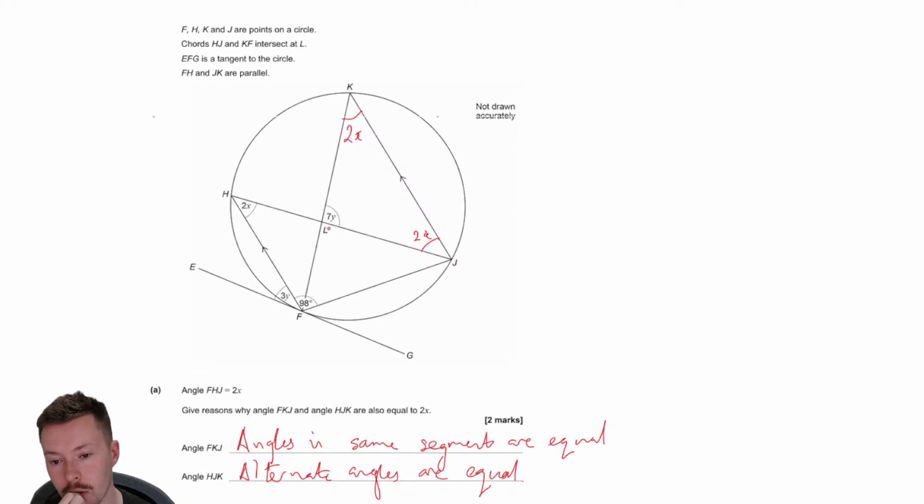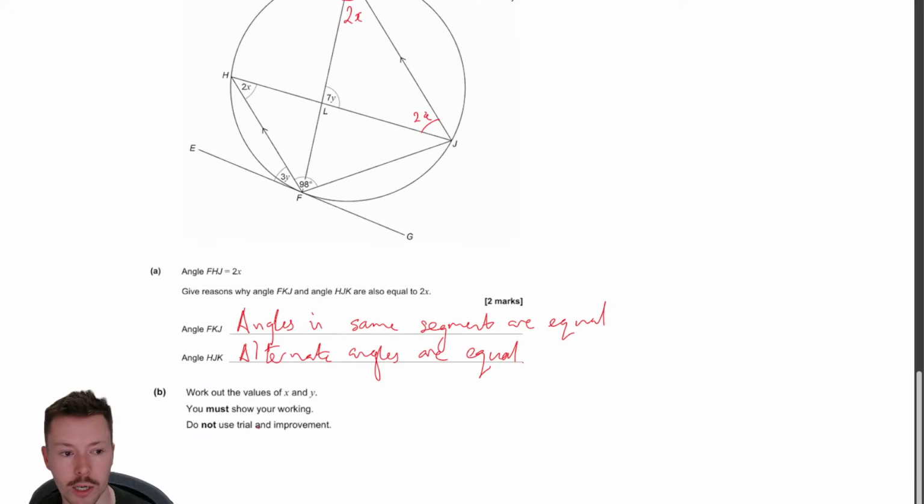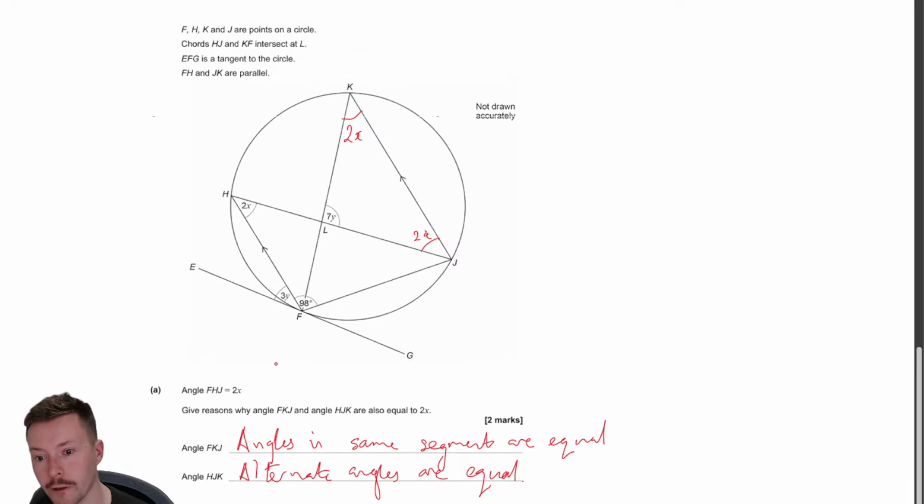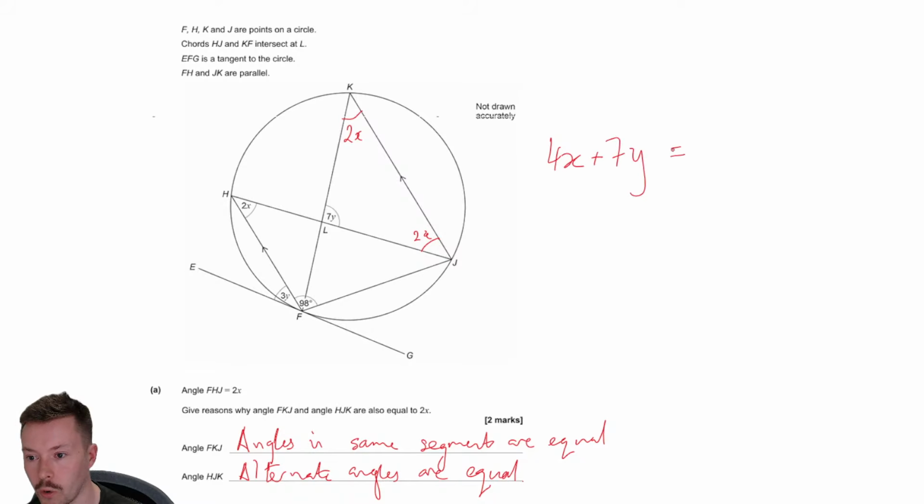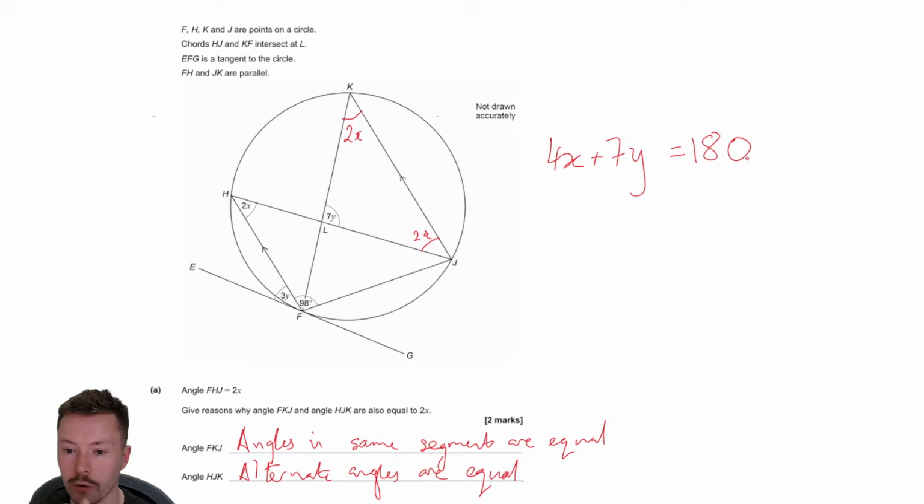And then we could probably do this another way as well. Let's have a quick think. We've got 3y here. We'll probably need to use that. So the bit I'm reading here is work out the values of x and y. So we know that 4x plus 7y equals 180. If nothing else, once you work out one of them, that's going to be quite helpful.